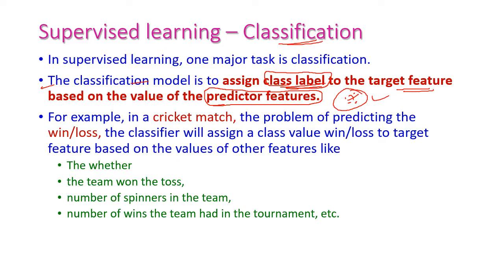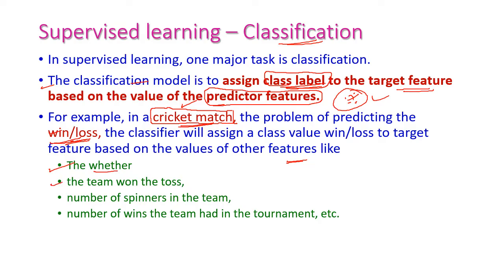Here, let us take the cricket match as our example. Now, what is our problem? We need to predict whether the team will win or lose the game. For predicting this, we need to consider the following features. First one is the weather.